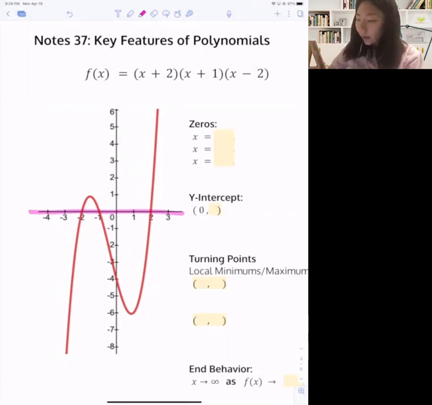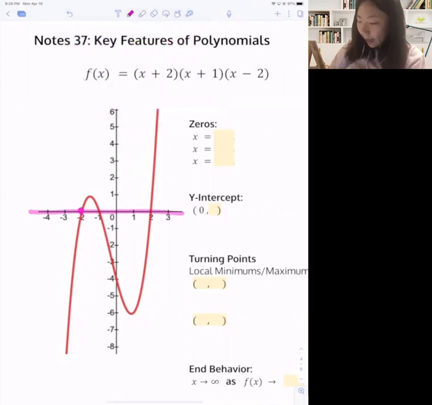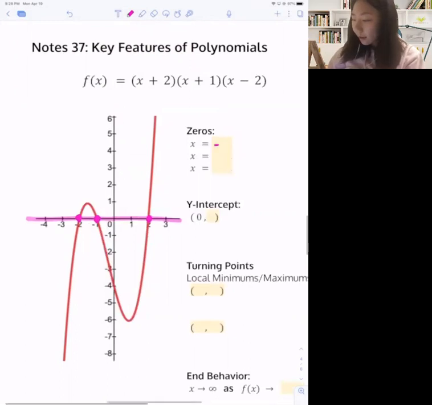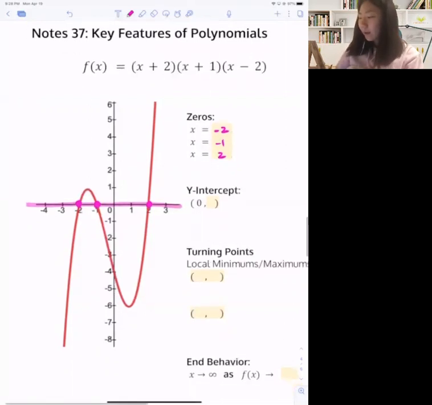Here I can tell that at -2, -1, and 2, my function is touching the x-axis. So I know that my zeros are at -2, -1, and 2, because those are the points of the graph touching the x-axis.